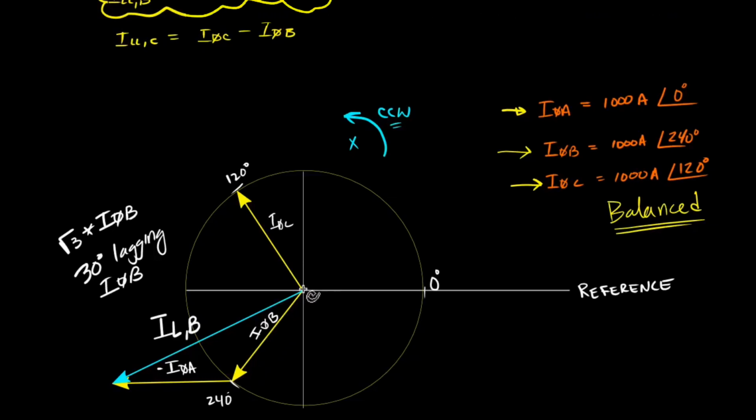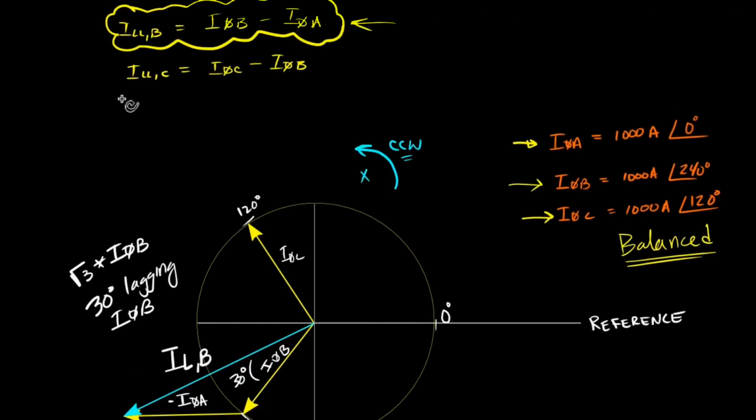Phase current B is ahead of line current B as they rotate in the counterclockwise direction. So line current B lags phase current B by 30 degrees. So 30 degrees is the angle difference between those two phasors, right? Very similar to part 5b.